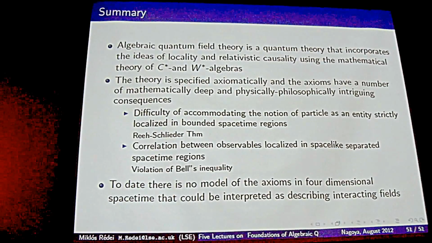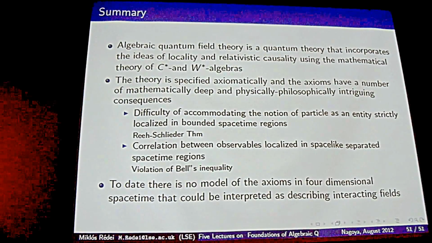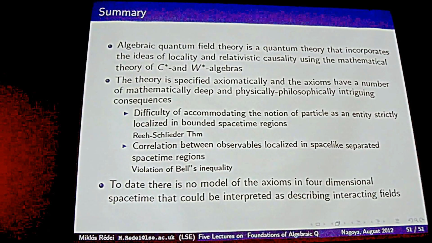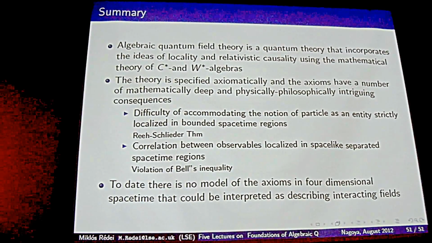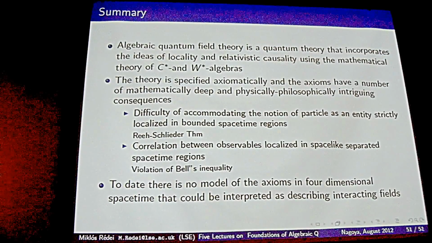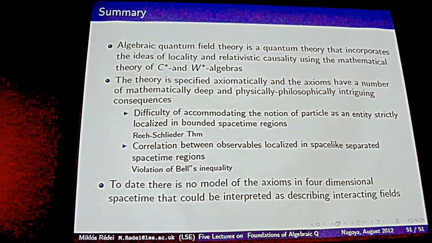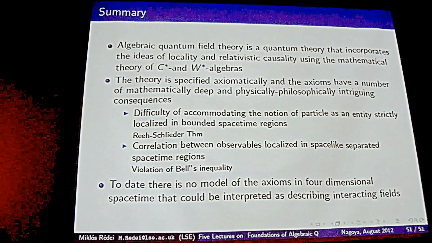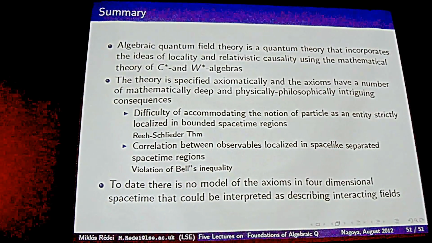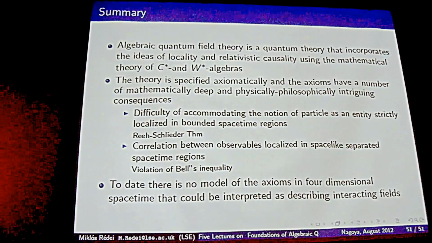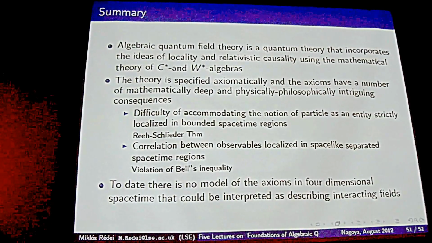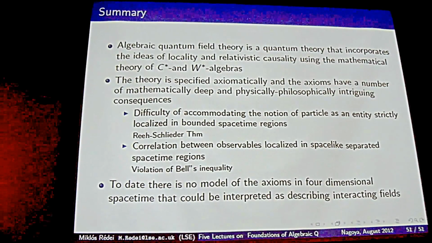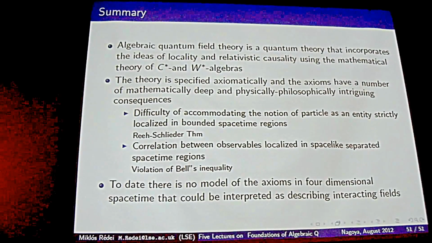And the theory is specified axiomatically, and the axioms have a number of mathematically deep and physically and philosophically intriguing, I claim, consequences. What were these? Well, one was that the notion of particle as a strictly localized entity, localized in bounded space-time regions, is not a maintainable concept. That was the consequence of the Reeh-Schlieder theorem.